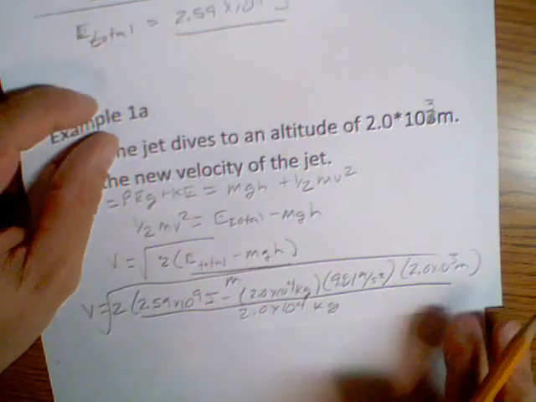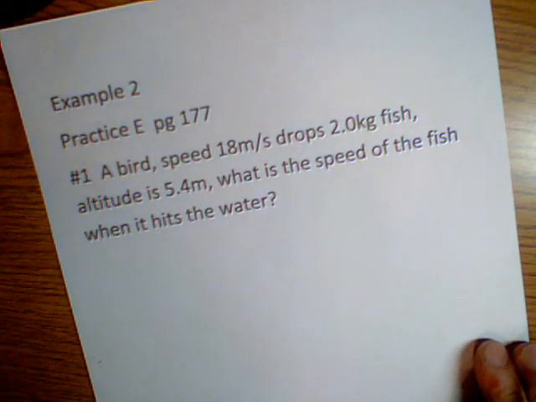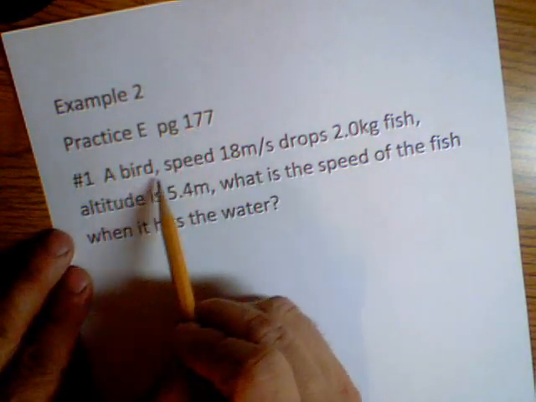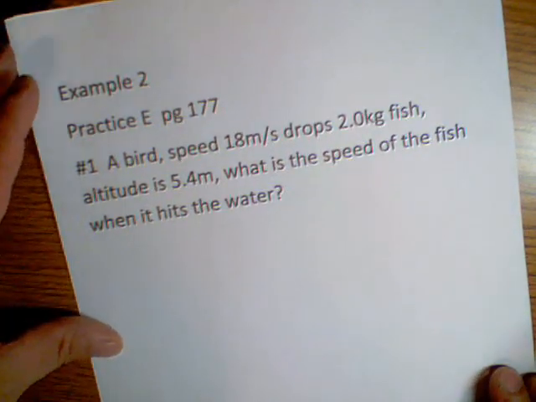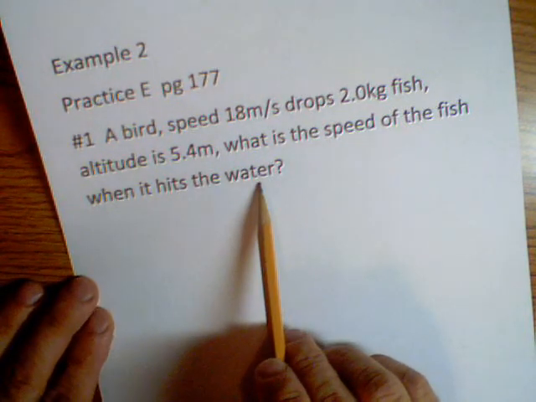Alright. Another look. Now here is an example that I got from your book. This is practice E on page 177. A bird with a speed of 18 meters per second drops a 2 kilogram fish at the altitude of 5.4 meters. What's the speed of the fish when it hits the water?